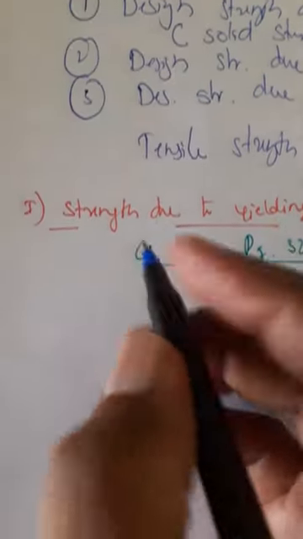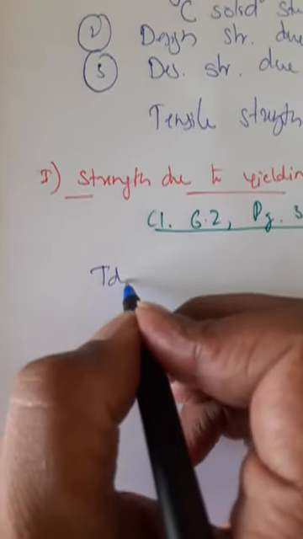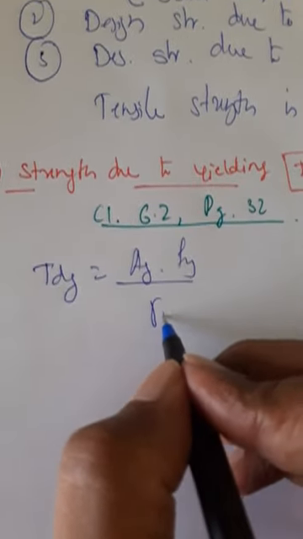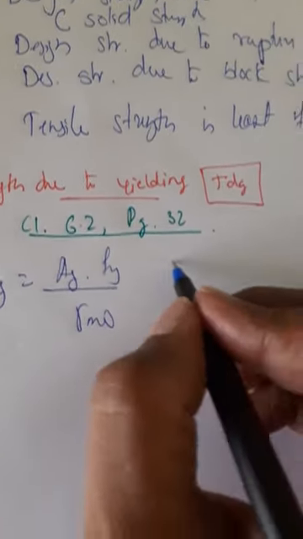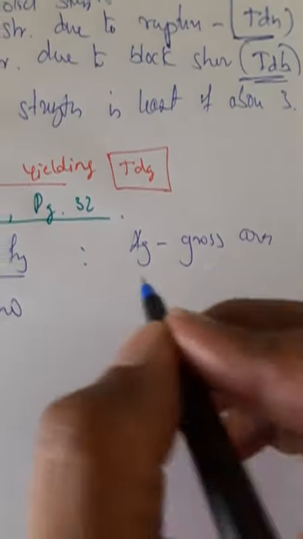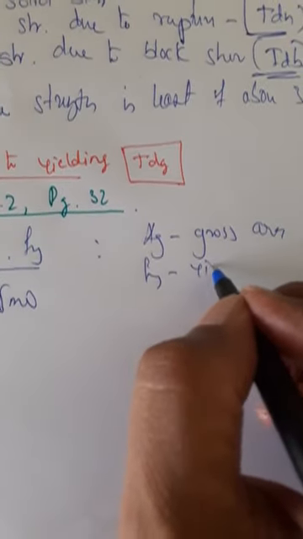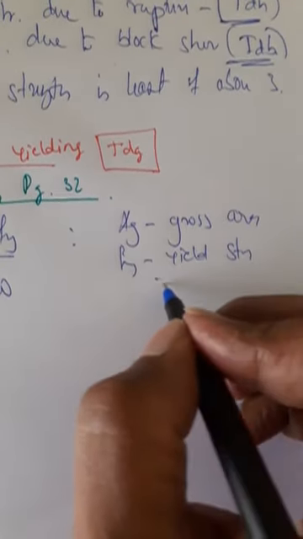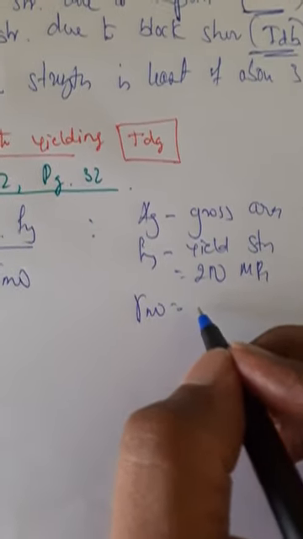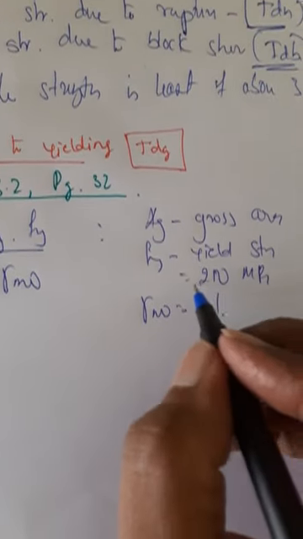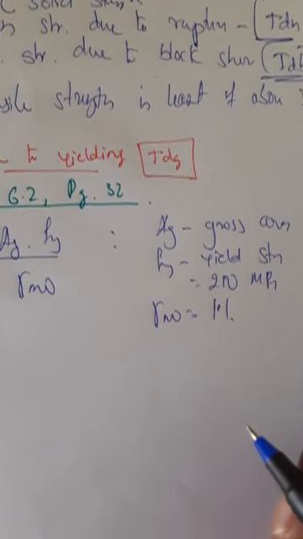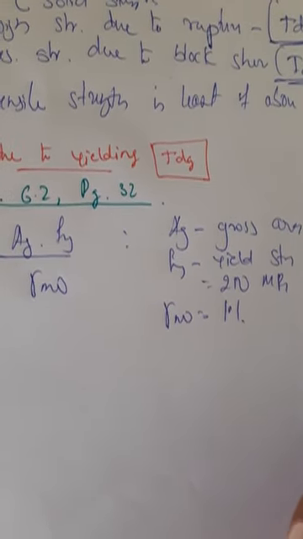The code gives the equation for TDG as AG Fy by gamma m naught, where AG is the gross area, Fy is the yield stress of steel, that is 250 MPa, and gamma m naught is the partial safety factor of steel in yielding. The code gives the partial safety factor for yielding as 1.1. So this is the equation for strength due to yielding.